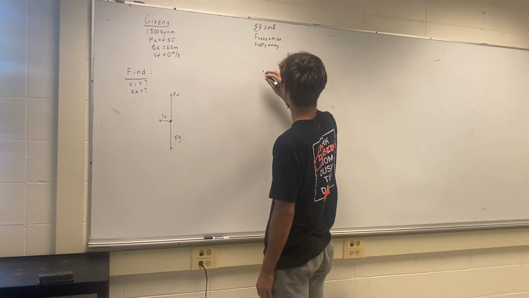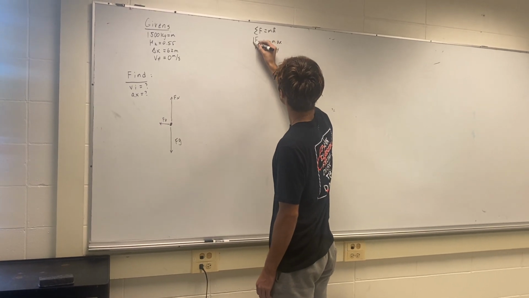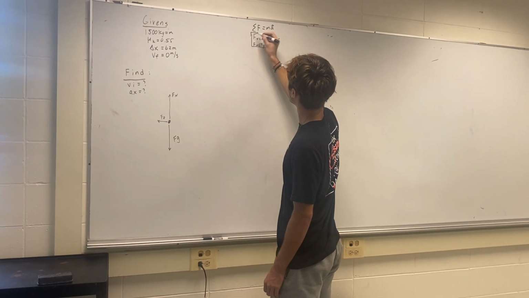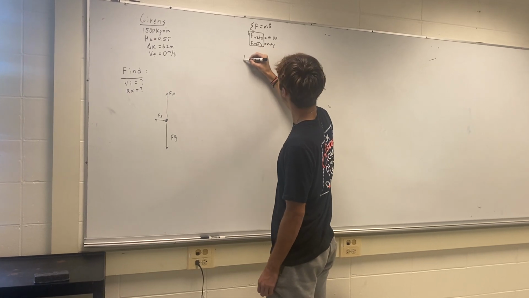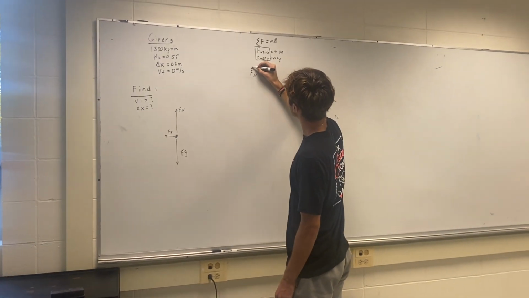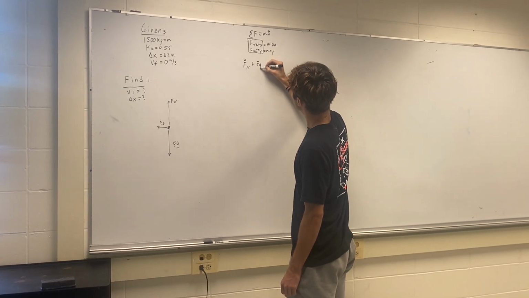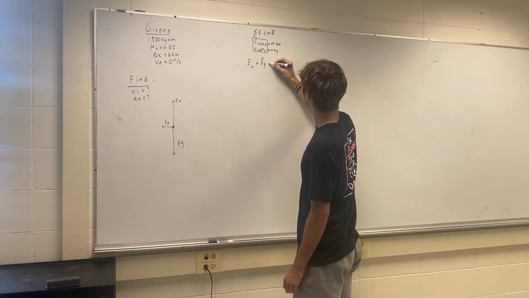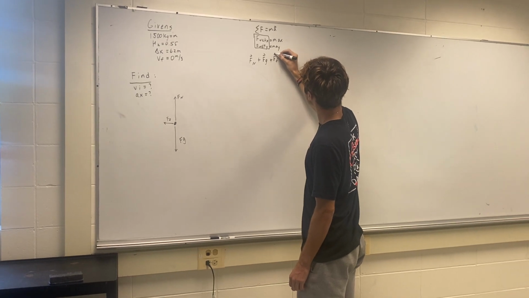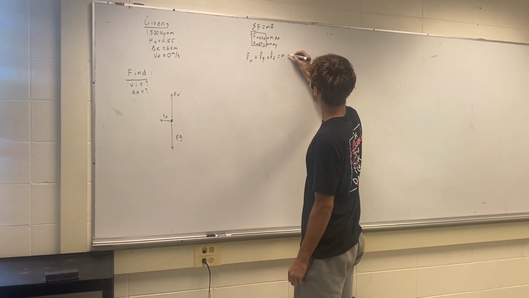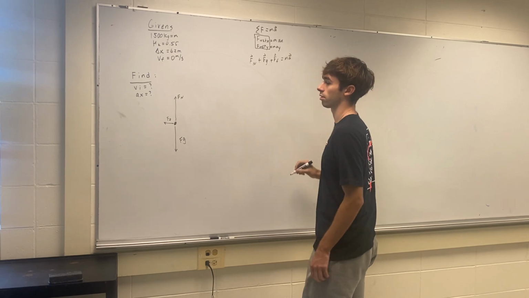So after that, we can then write down our forces right here. So we have force normal plus force of gravity plus force of friction, and that's going to be equal to mass times the acceleration vector.